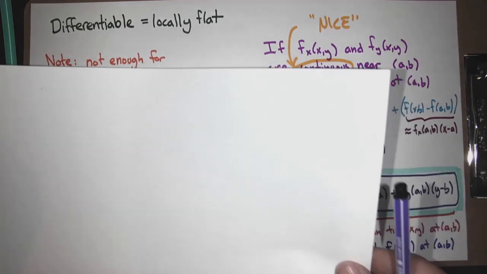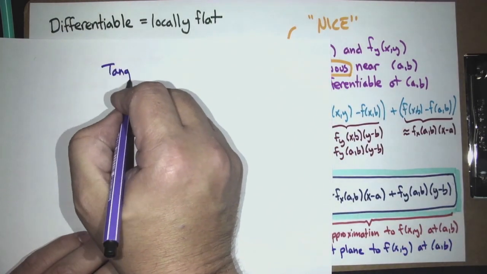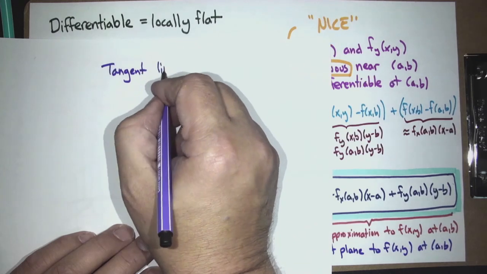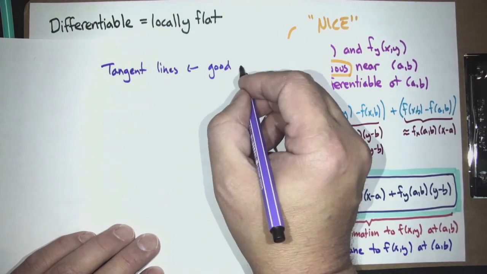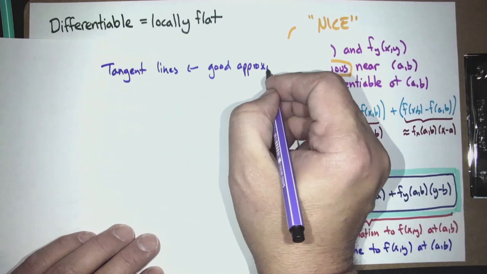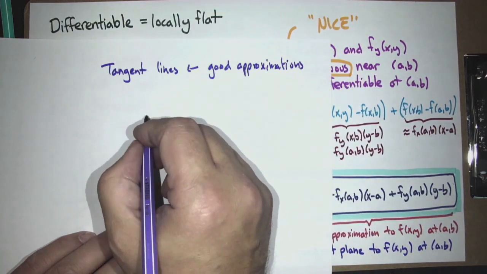This goes back to the idea of tangent lines. Tangent lines are basically good approximations nearby. That's the spirit of tangent lines, because we zoom in, things look flat, and the flat thing is a tangent line.